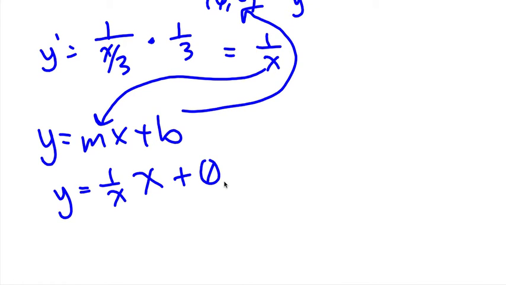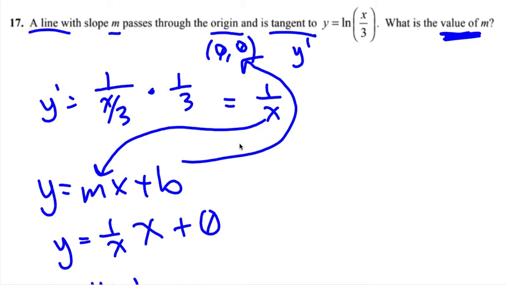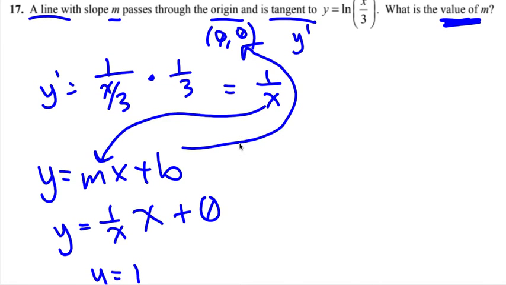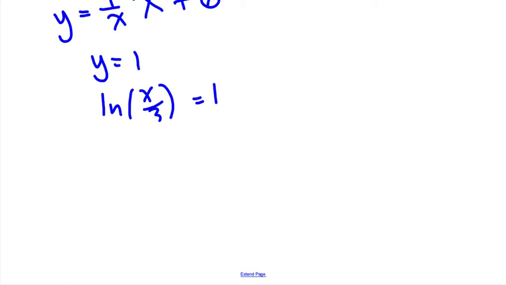Right now I'm left with y equals 1, but I still haven't found the slope. There's a reason why slope and tangent are related, and that's because we have to plug that in now. So we know that y is equal to ln of x over 3 equals 1. This is what we're going to solve, and this will give us the value of our slope.